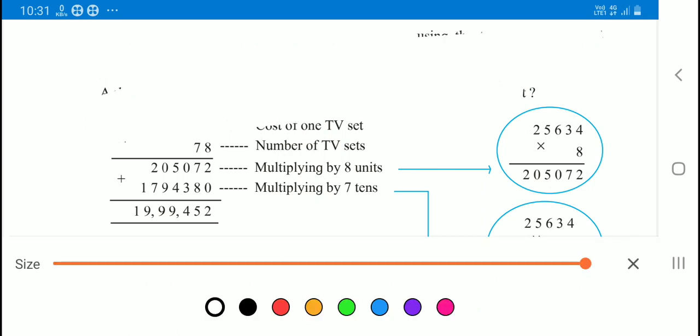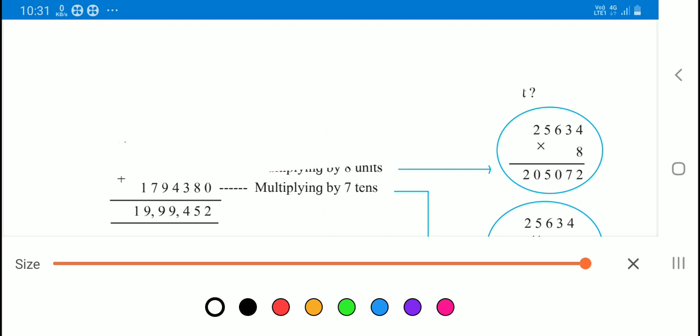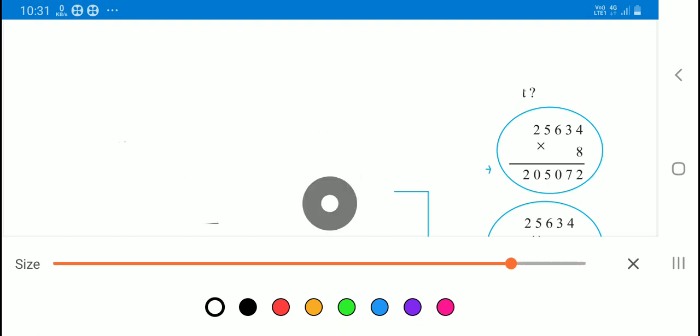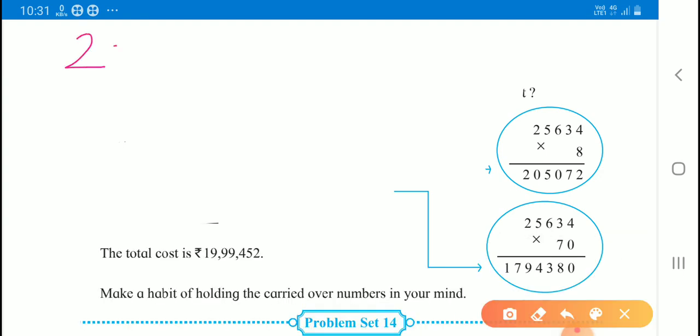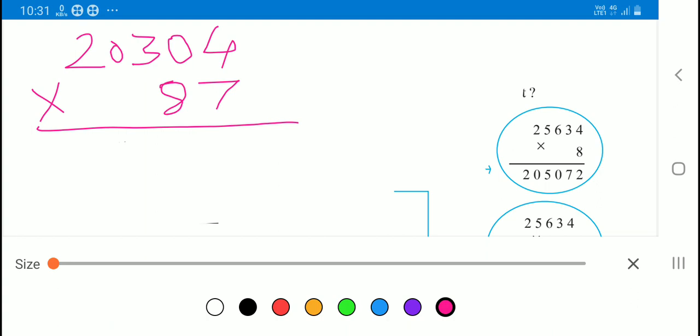First of all, I will write here the example. 20,304 multiplied 87. Now again I will rub this to solve the example.